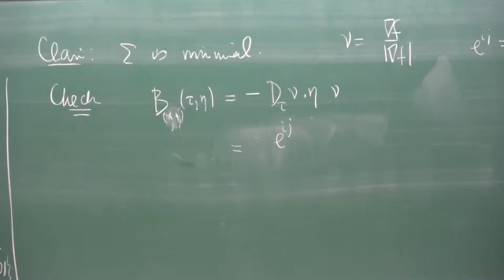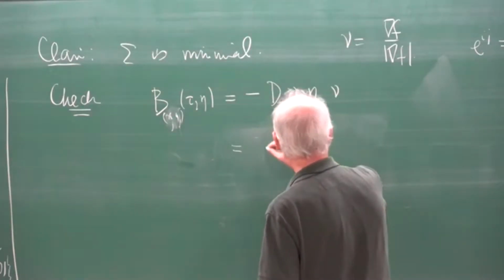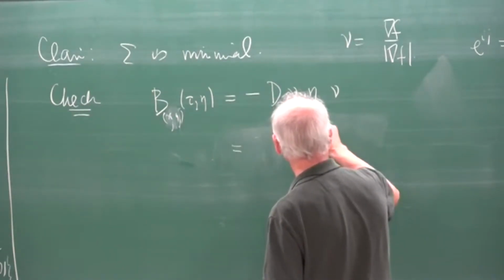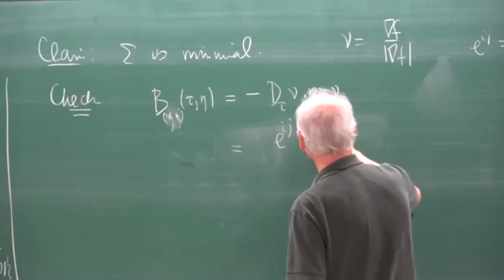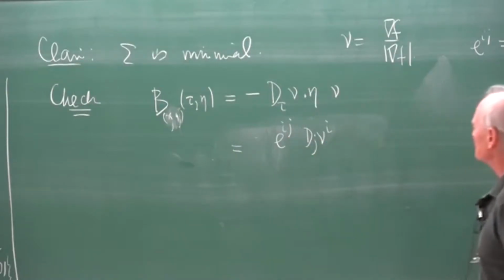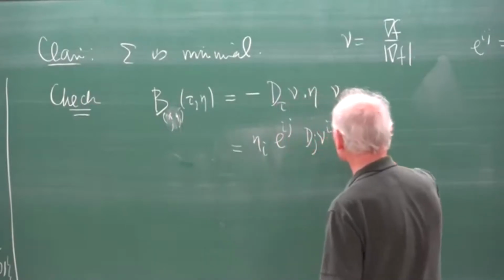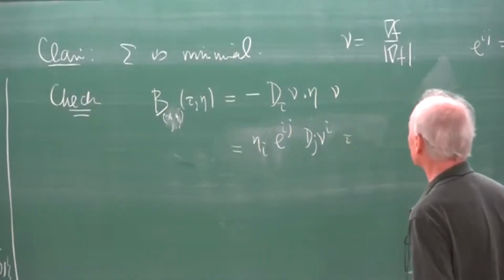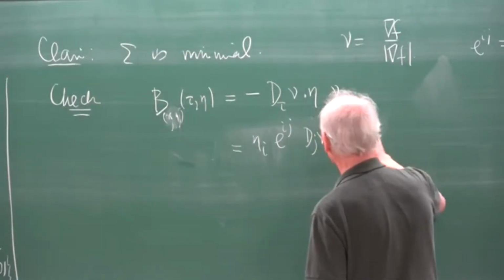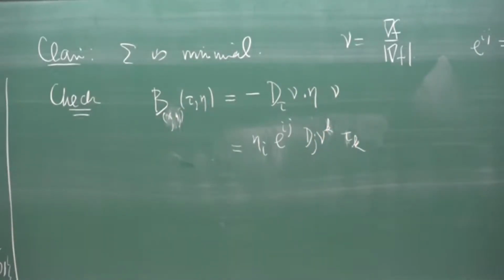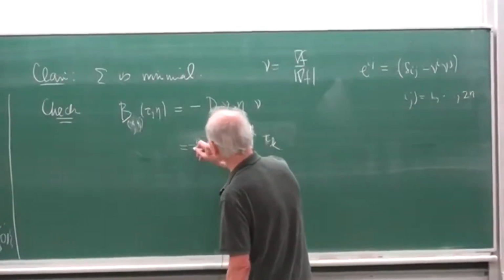We're in R^2n here. So this is E_ij tau^i, E_ij d_j nu_i times eta^i times tau^j tau eta^i nu_k, tau^k. That's what the thing looks like. And when you work that out, oh, I forgot the minus sign, so that's still there.